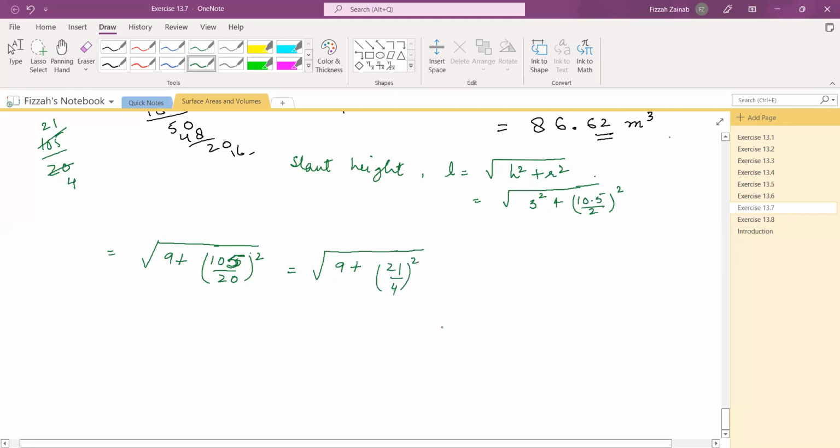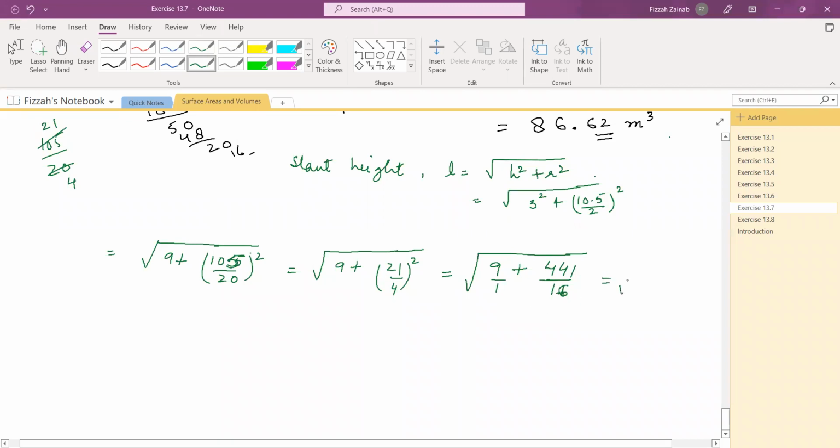All right. Now what is 21 into 21? Mridula, tell me. 441. Okay, so I have divided by 16. Now because I have a fraction here and I want to add two fractions, 9 by 1, I can write it.